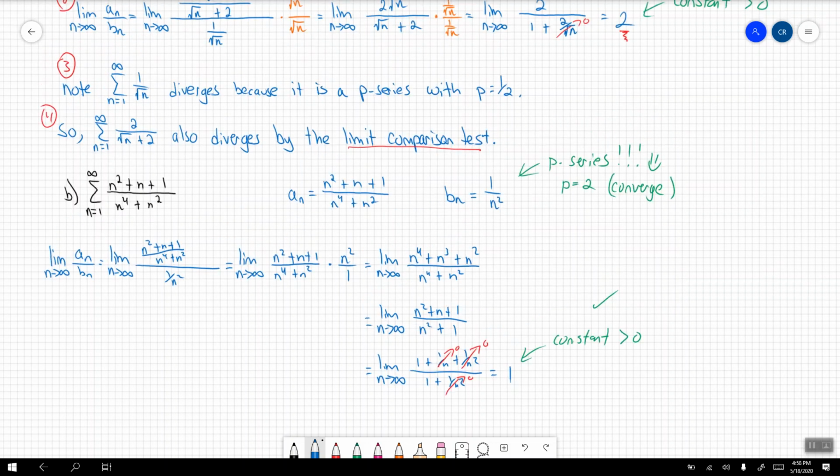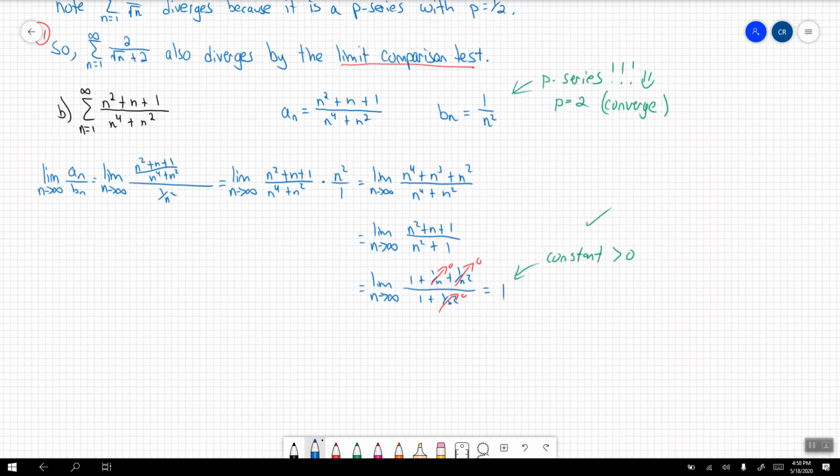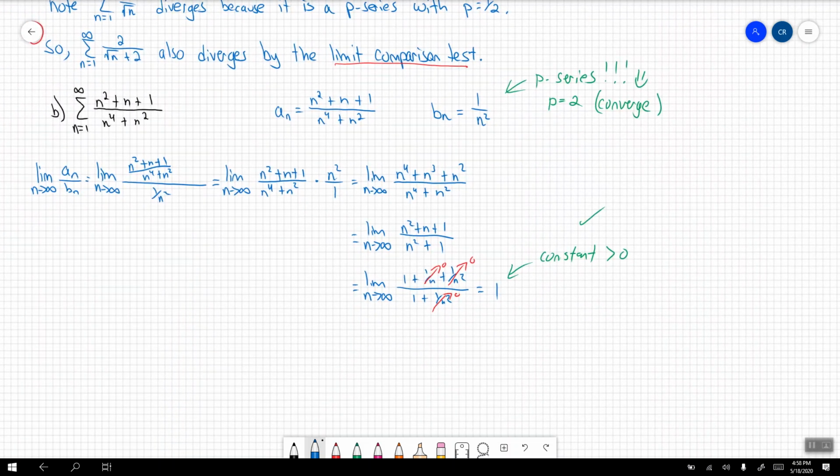So that now tells me by the limit comparison, by property number 1, that both of the series are either going to converge or diverge. And that's really nice because I've already dissected this piece here. So let's go ahead and let's say what we know about this piece. And that's b sub n is convergent because it is a p-series with p being equal to 2.